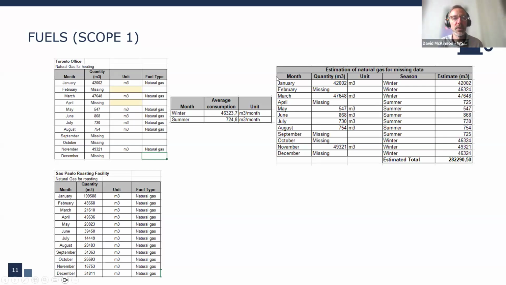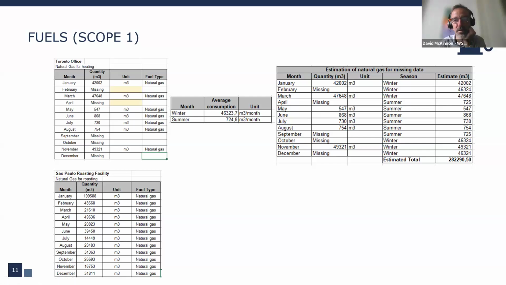Other people I saw in the groups were also doing just a broad average over the year, which probably gives quite a similar result, to be honest. And if you can justify it, it's not wrong. For example, I think it's fairly unlikely that consumption suddenly goes from 47,000 cubic meters in March to just 725 in April.